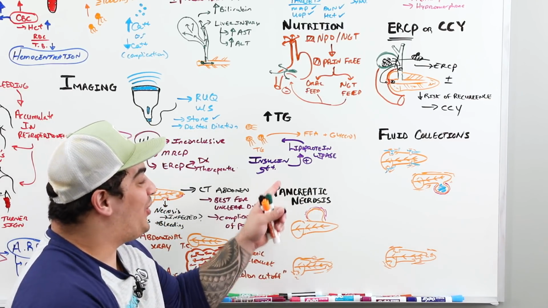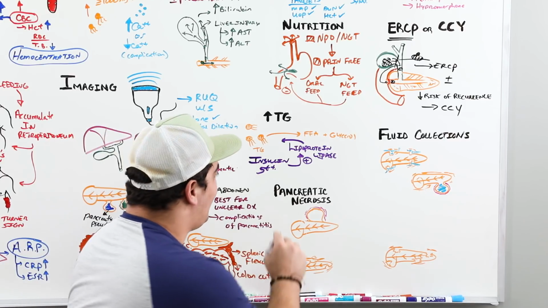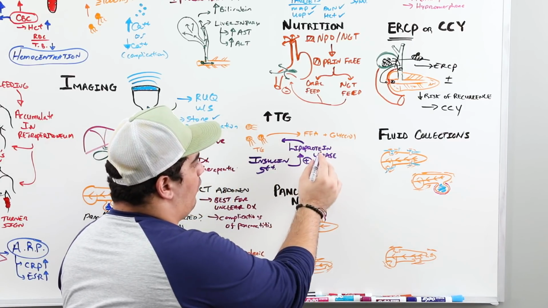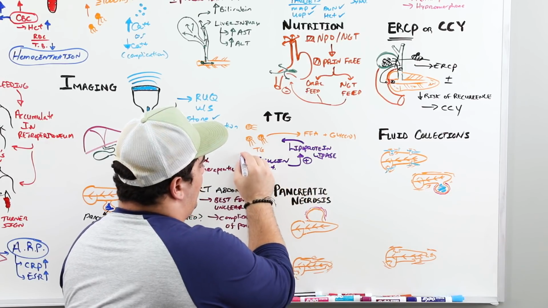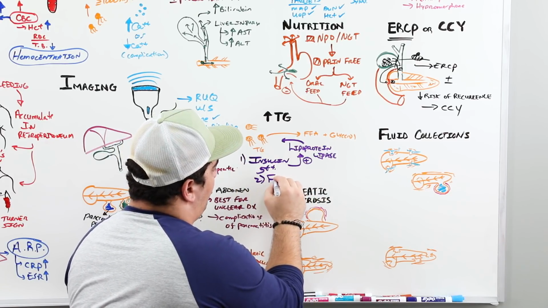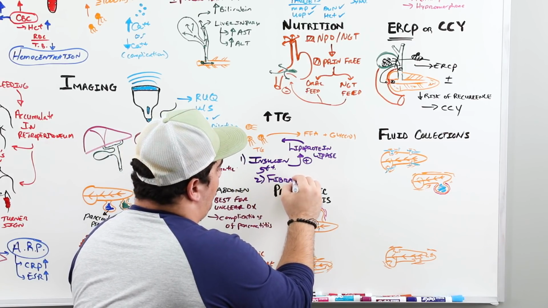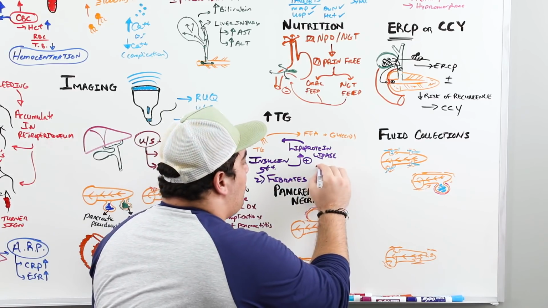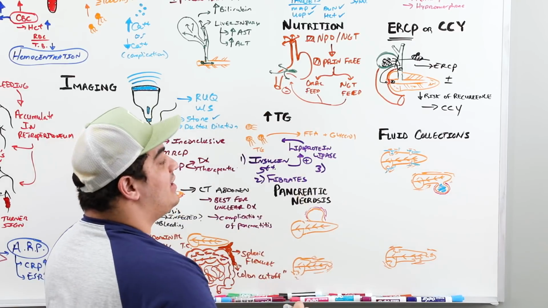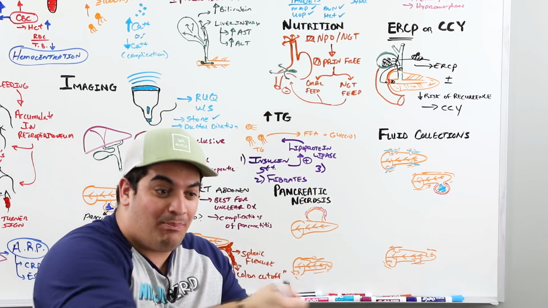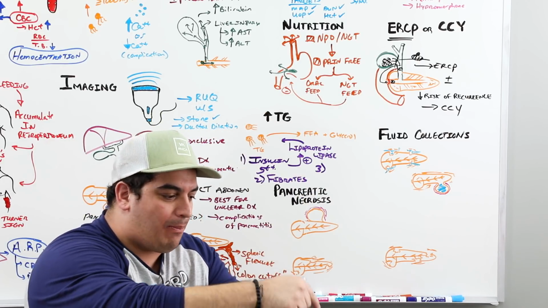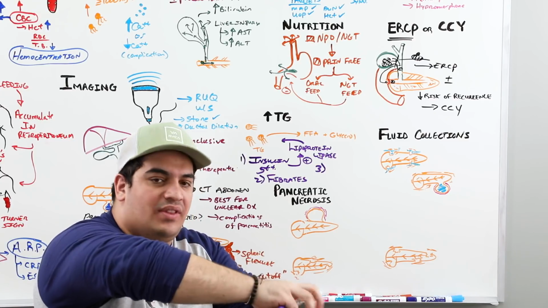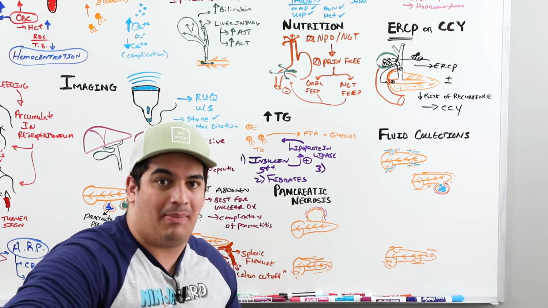Now, if that doesn't work, you know what else we can do? You can actually give them another drug that helps to inhibit triglyceride formation. Another drug that you can give besides insulin drip is something called fibrates. Fibrates have been shown to reduce triglyceride production. And the third thing that you may do, if they're refractory to all of these things, is you actually take their blood out and run it through a machine that sifts all of the fat out and then sends their blood back in.